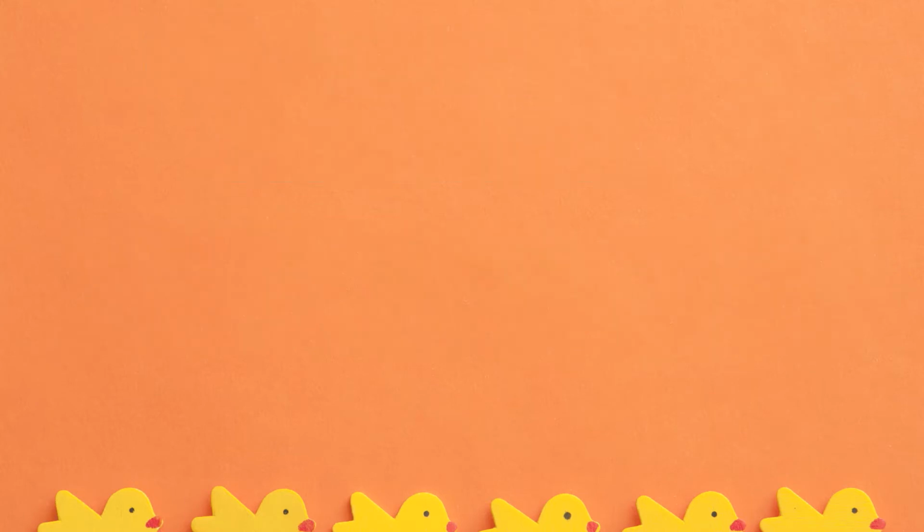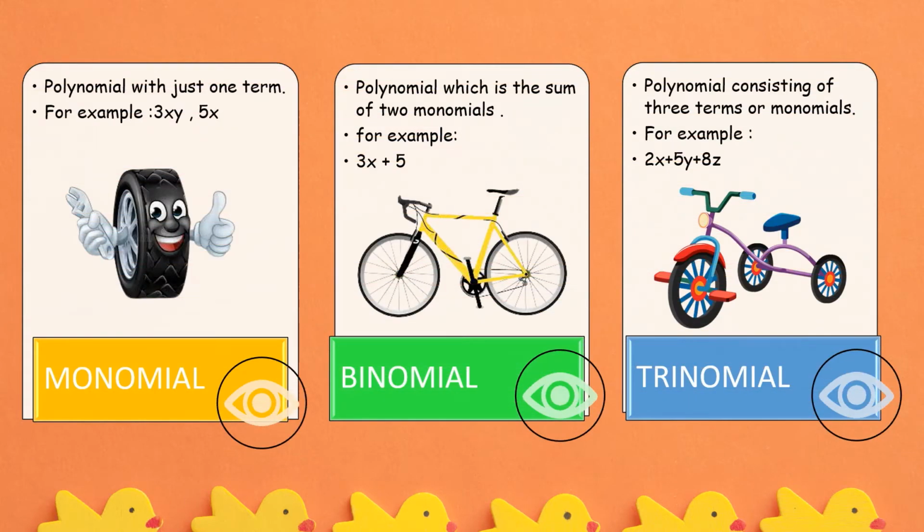Monomial means one. So a polynomial which has just one term is termed a monomial. As you can see on the screen, a monomial is nothing but a single term. I have taken the example of cycles: you have a monocycle, a bicycle, a tricycle.